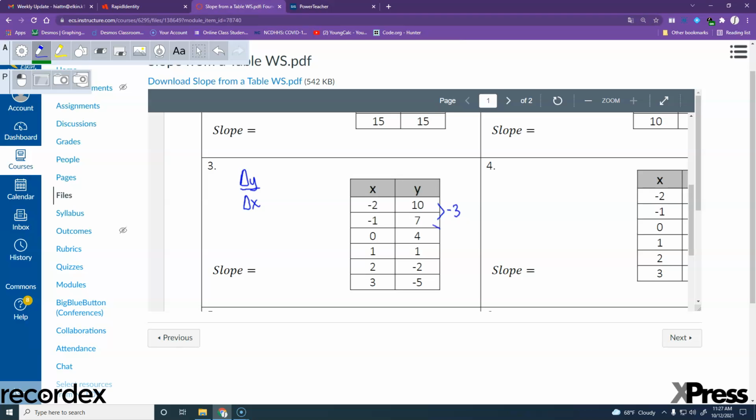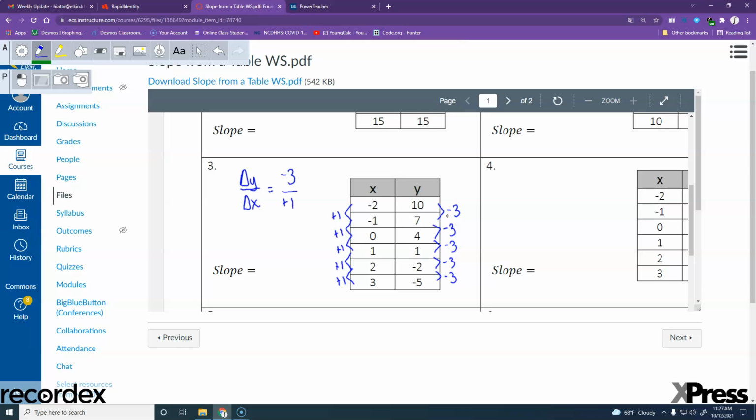I'm going down 3, really every time right here, right? What's happening on the right-hand side? Add 1. So my change in y is down 3, negative 3. My change in x is a positive 1.